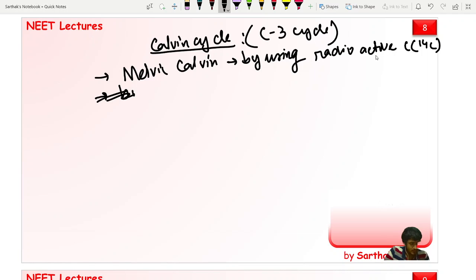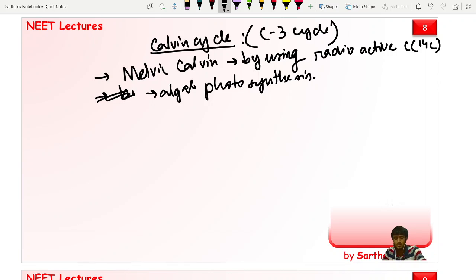Melvin Calvin was working on algal photosynthesis to deduce this cycle.